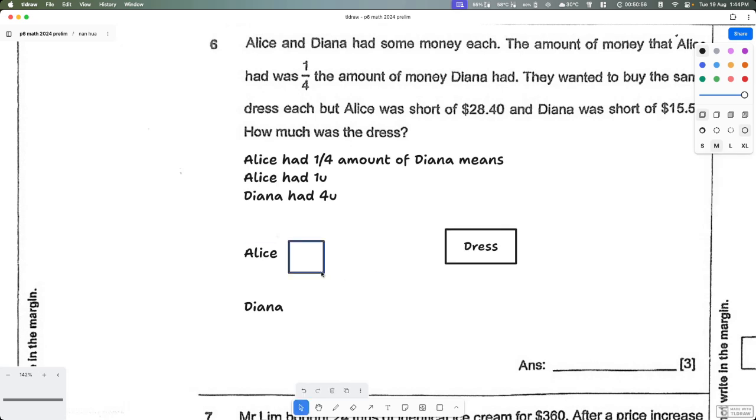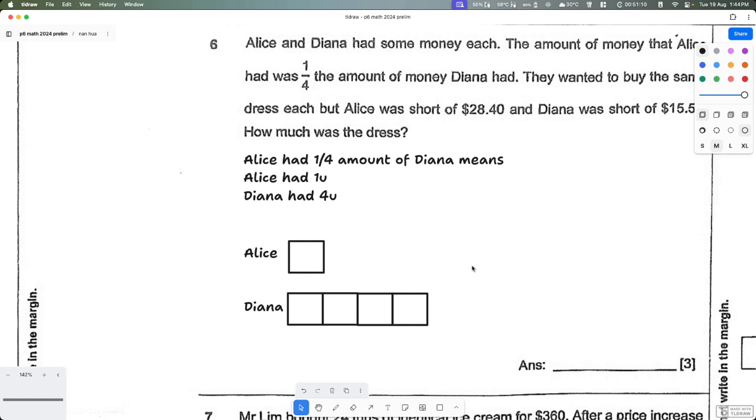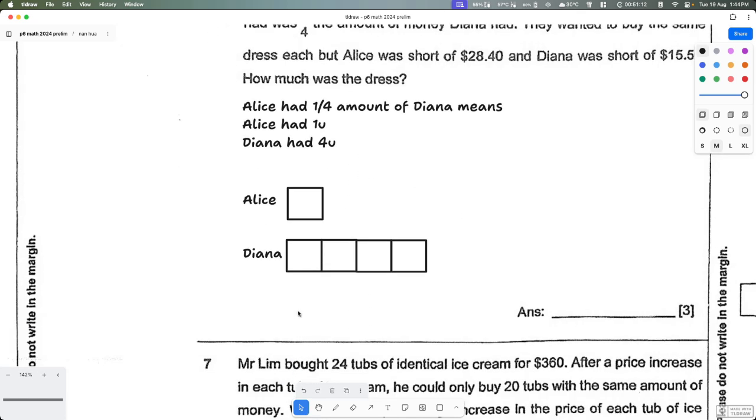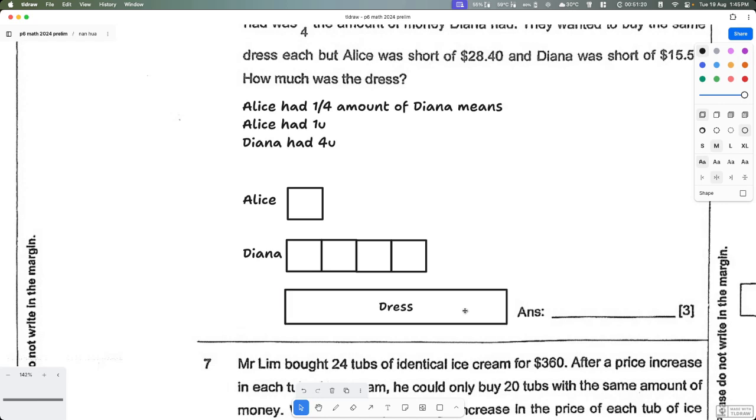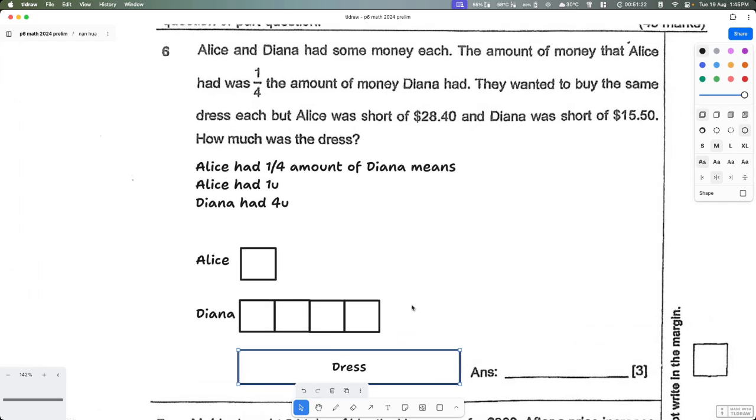You have 1 unit for Alice, and then Diana has 4 units: 1, 2, 3 and 4, like this. Both of them wanted to buy the dress. Let's say the dress is this much. For Alice, she was short of $28.